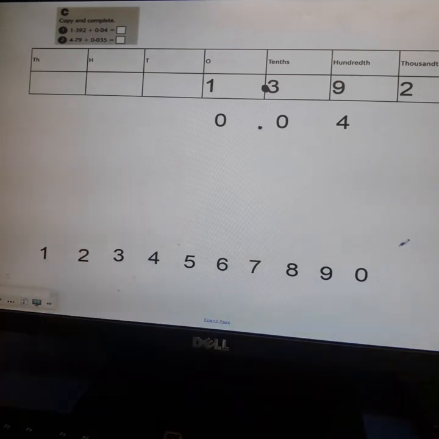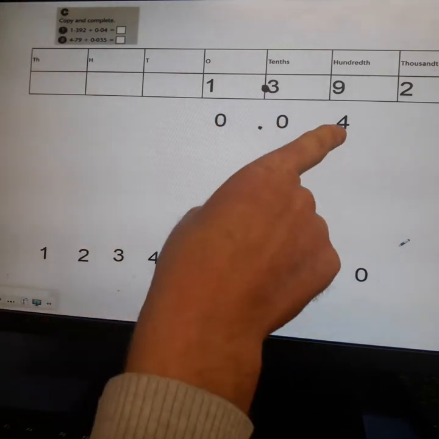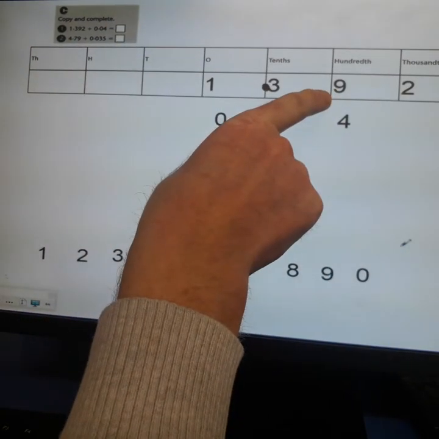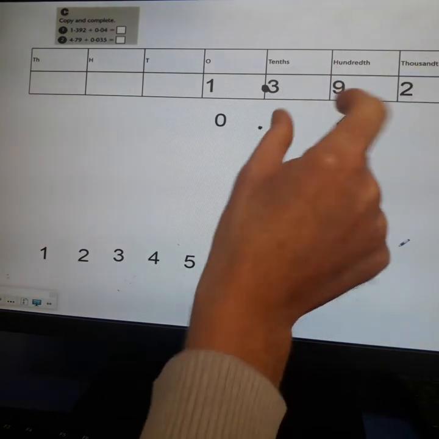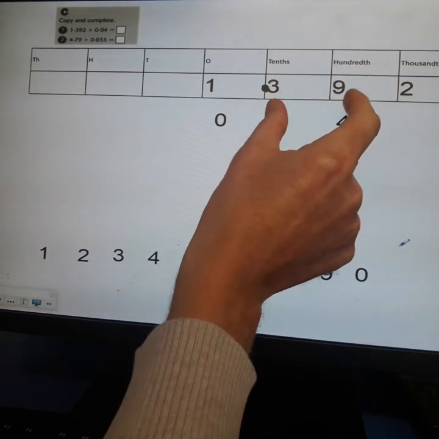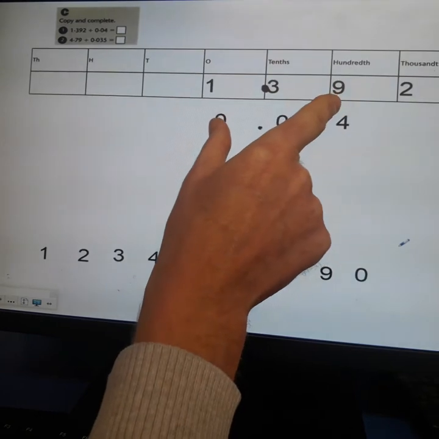It's just simply thinking, right, well, if I add 4 hundredths on there, well, if I add 1 on, that will take it up to, you'll have to turn that into a 0.